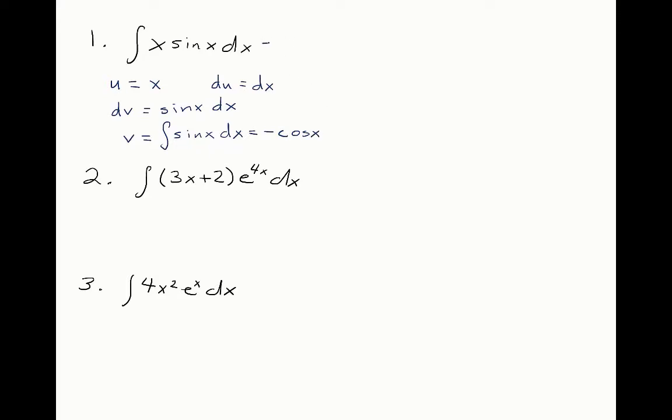Alright, so let's plug this in. So we get u times v, so that's minus x cosine x, then minus our integral of v, which is minus cosine x dx.